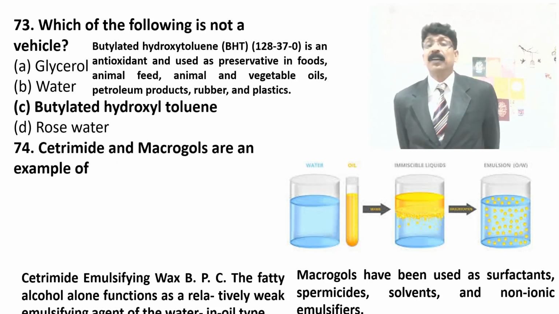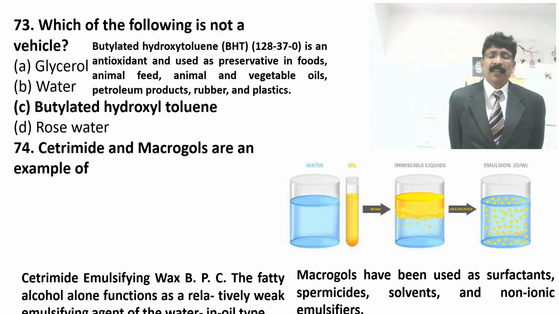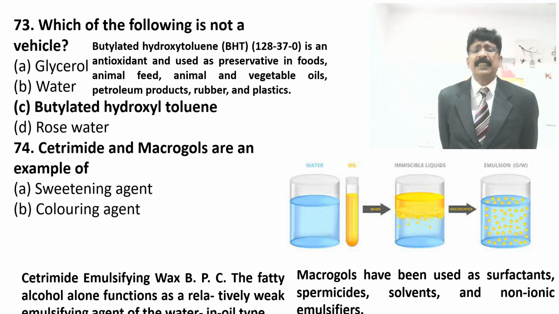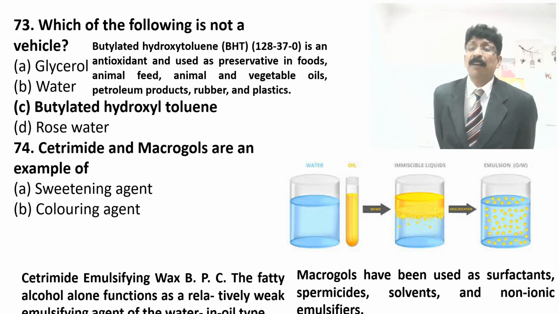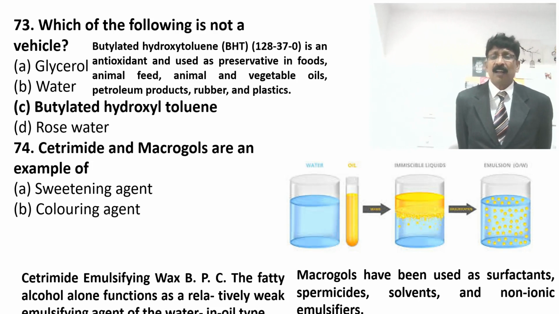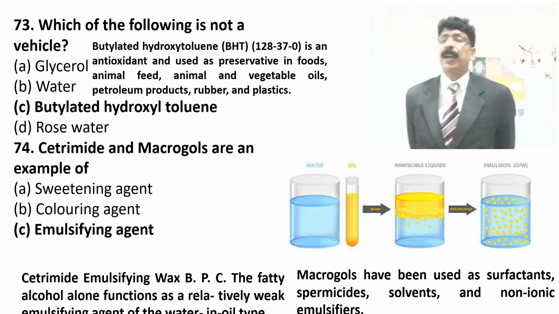And you can see cetostearyl alcohol and macrogol are not examples of a sweetening agent or a coloring agent. You know very well, we have read just now, they are surfactants. They reduce the surface tension between immiscible liquids. Surfactants are emulsifying agents like tragacanth, Tween 20, Tween 80.